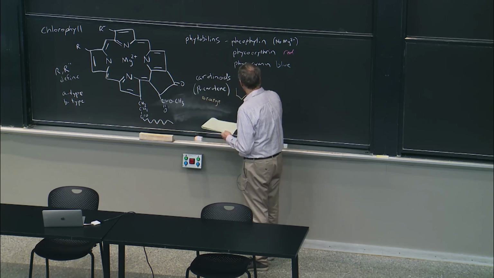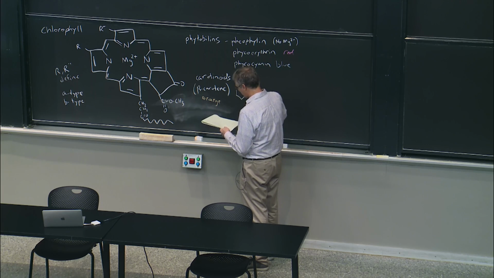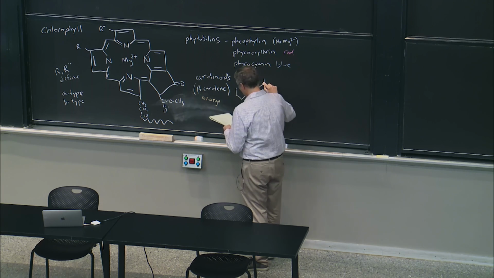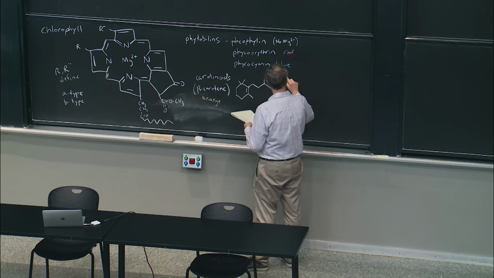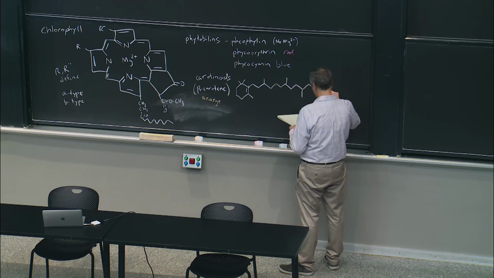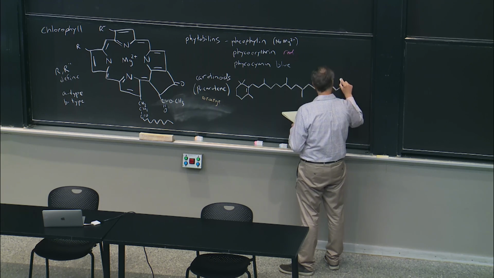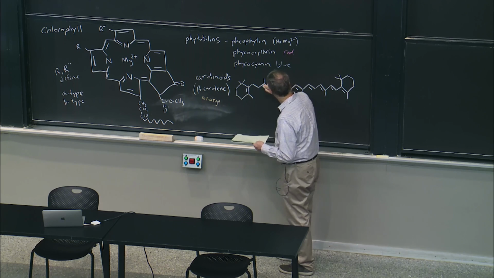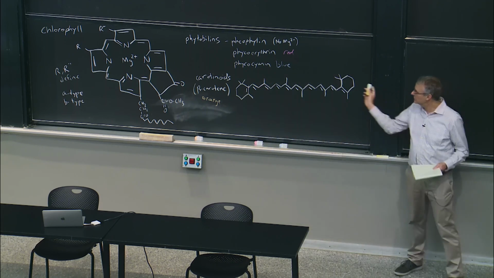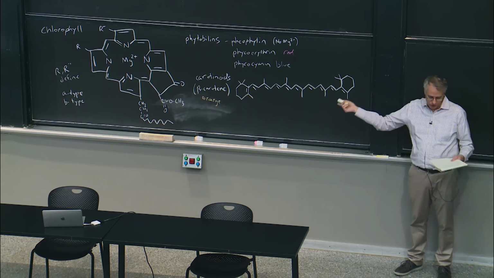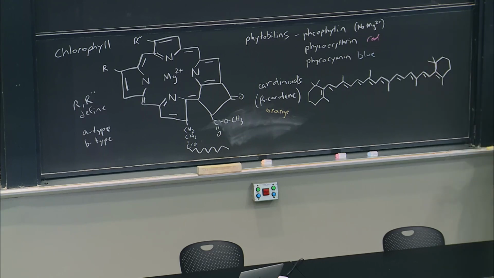I'll draw it out for you. There's beta carotene, another long conjugated double bond system. Obviously, you don't need to memorize the structures of any of these. You can always look up structures of these pigments.